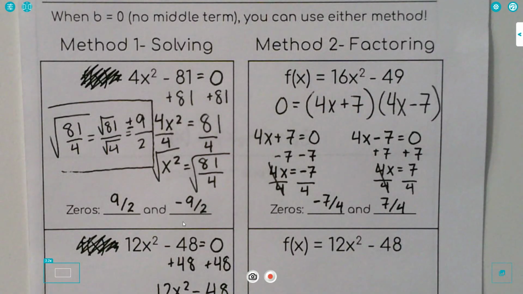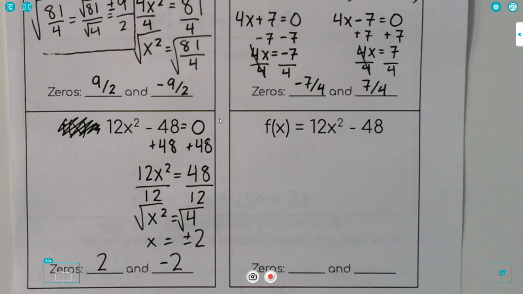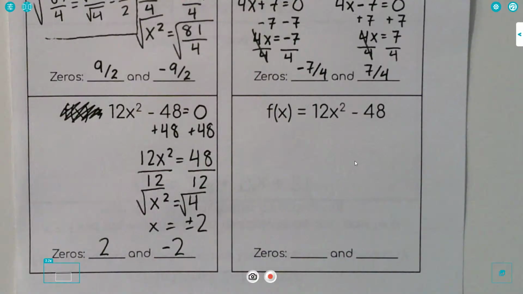All right, we have one more factoring one. We have 12x squared minus 48. Are either of those perfect squares? No. Can we divide 12 and 48 both by anything? 12. So we can divide a 12 out. This would be us fully factoring it by dividing out our greatest common factor of 12 at the beginning.